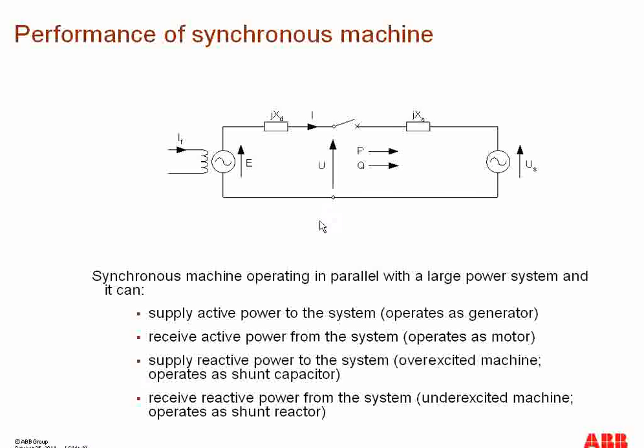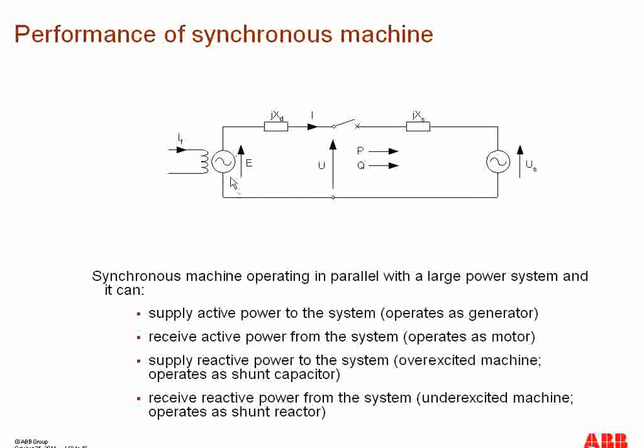Now, if the generator is supplying active power to the system, then this machine is acting as a generator. And if it is receiving active power from the system, then this synchronous machine is acting as a motor.